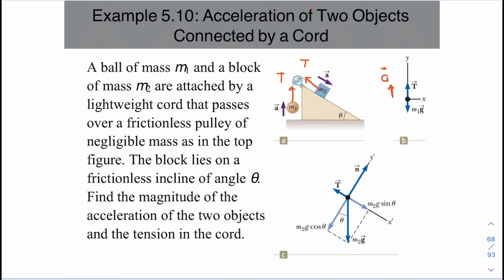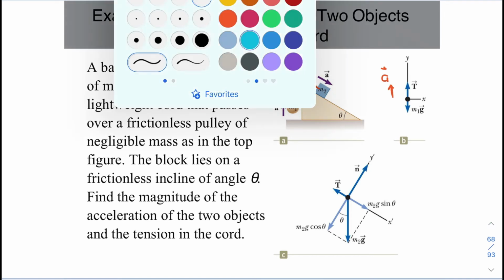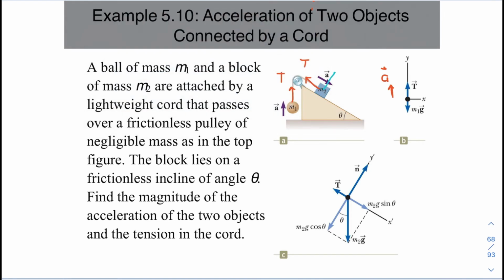Then for object 2, let me list down. You have normal, you have weight, M2G. You have tension to the left, you have A to the right, let's say.